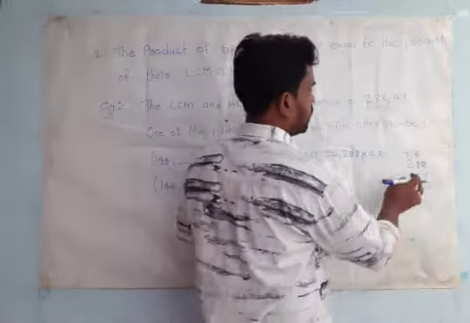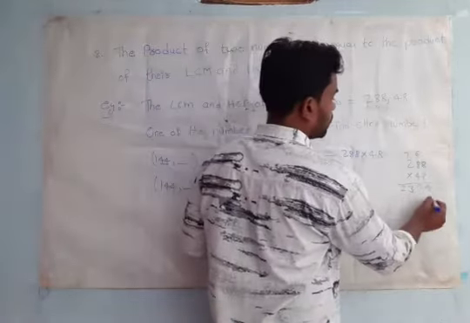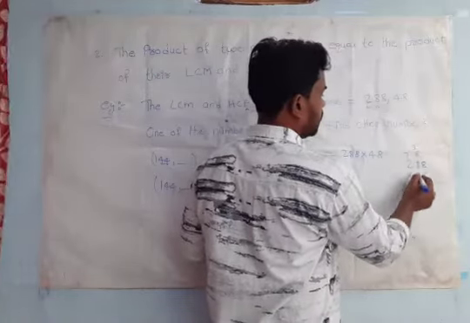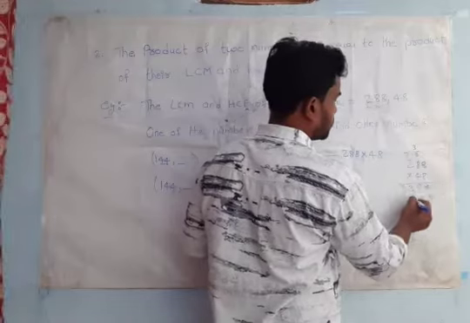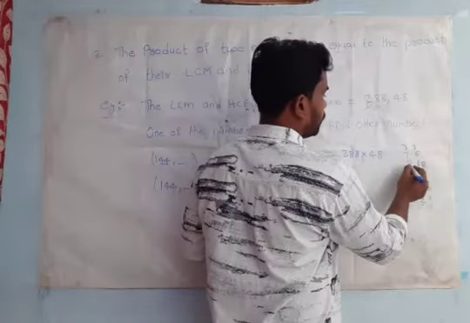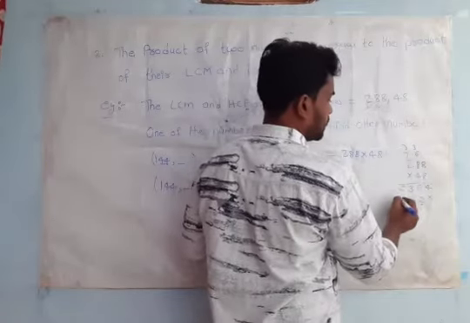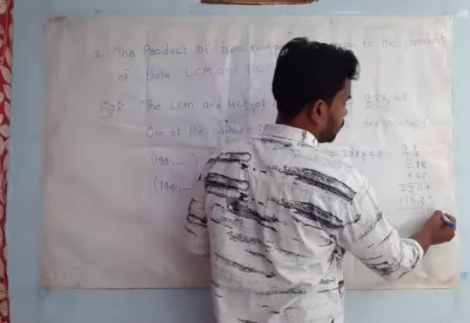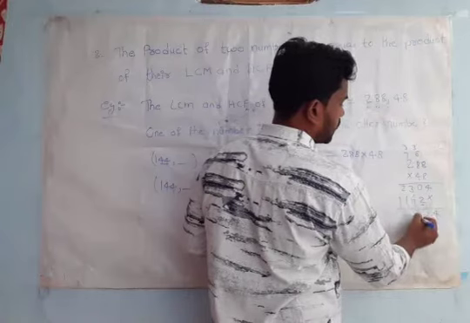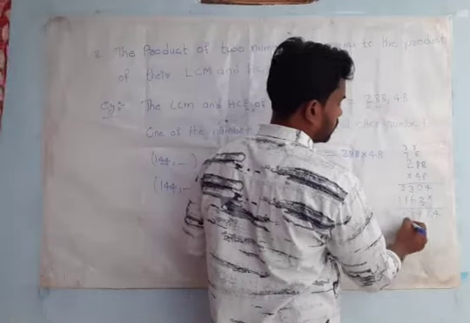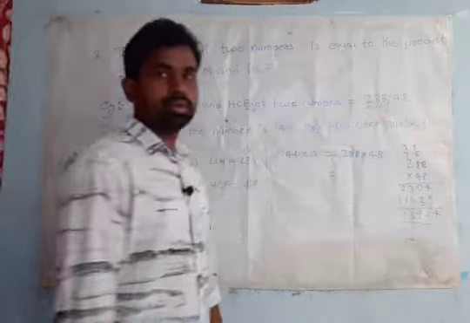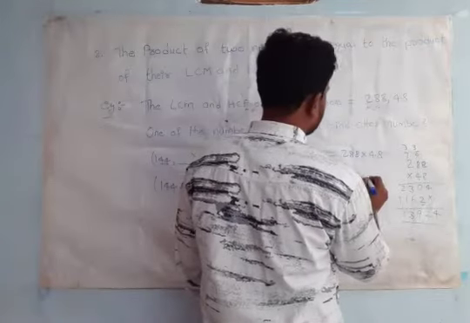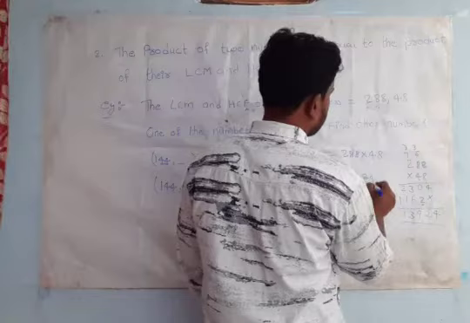Next, 4 8s are 32, 2 here and 3 carries. 4 8s are 32, 32 plus 3 is 36, 6 is here and 3 carries. 4 2s are 8, 8 plus 3 is 11. Now you write 4, 2, 9, 3, 1. Here I got 1 3 9 2 4.